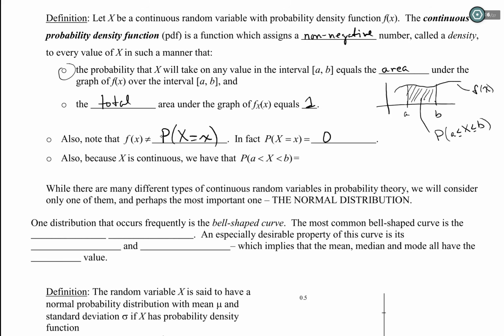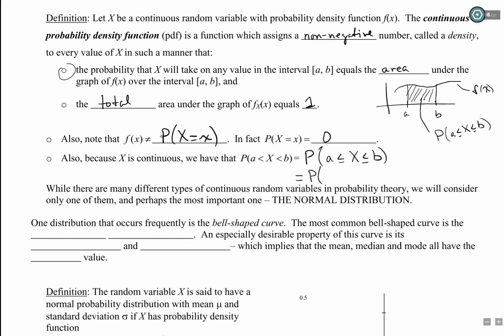Also, because X is continuous, and really because of this result, we can make the following statement: the probability that X is between A and B, with A and B excluded, it turns out that whether the inequalities are strict or not doesn't matter in the continuous case, because point probabilities are 0.